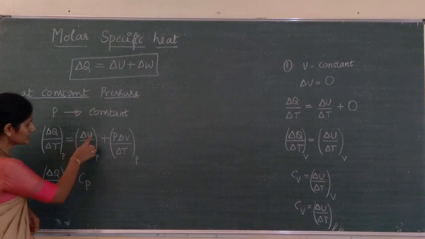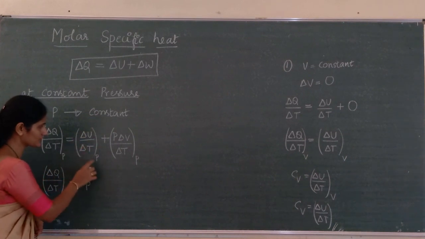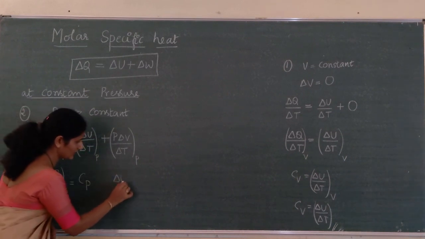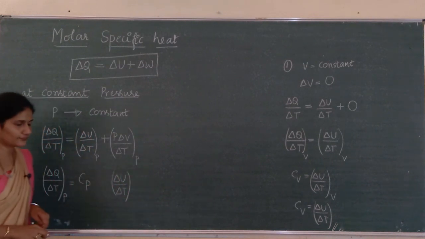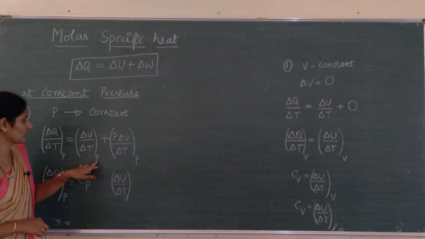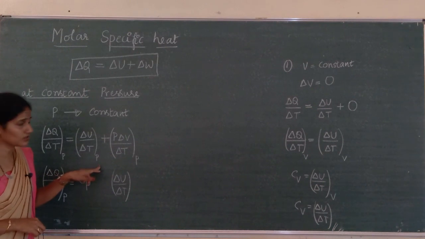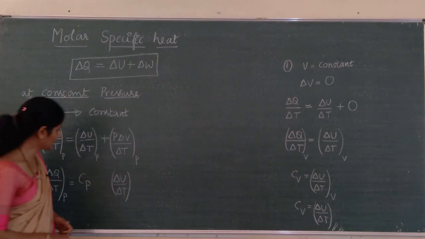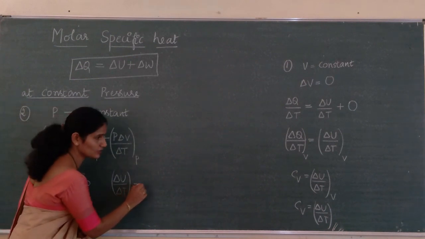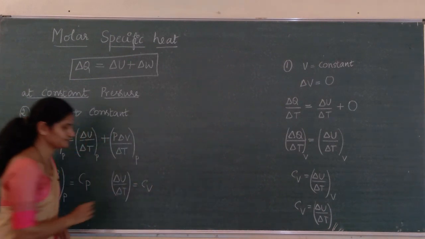This delta U by delta T at constant pressure, it is enough if you write delta U by delta T. No need to write suffix P here because internal energy is independent of P. So, delta U by delta T is equal to what? Cv.